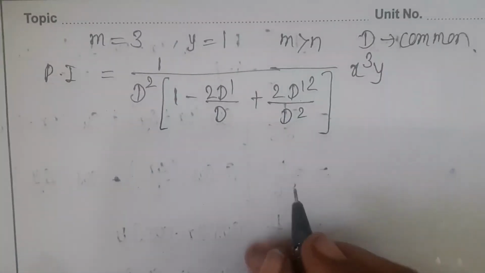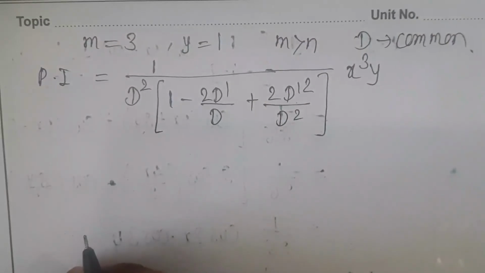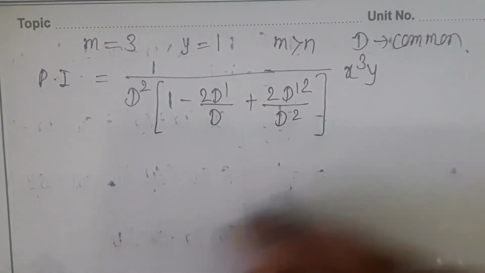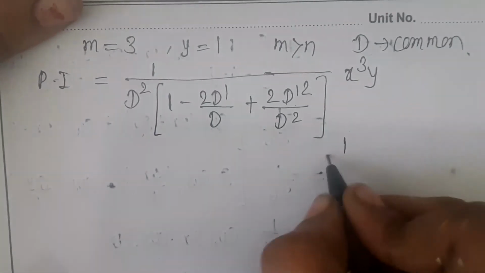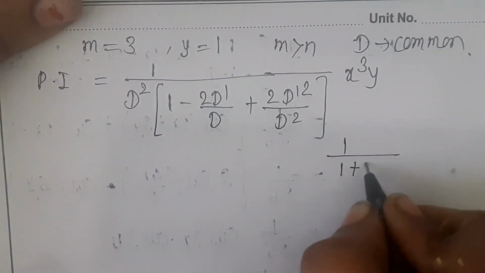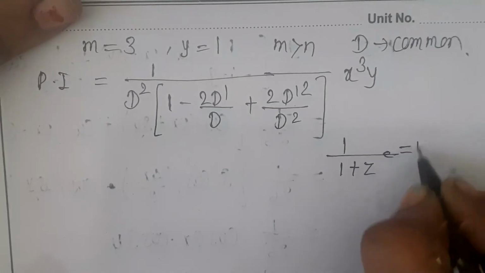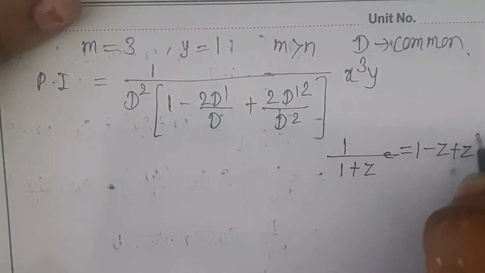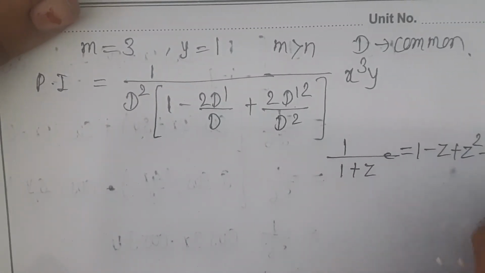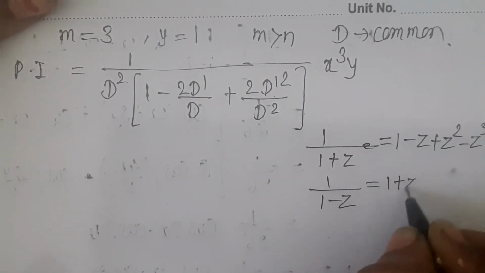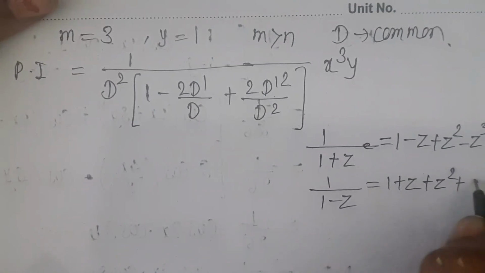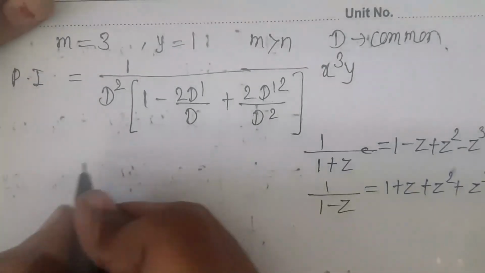Okay, so shift this bracket to the numerator, or directly you can use that formula, which is 1 upon 1 plus z. It is equal to 1 minus z plus z square minus z cube and so on. Or 1 upon 1 minus z is equal to 1 plus z plus z square plus z cube and so on. So you can directly use this result here.